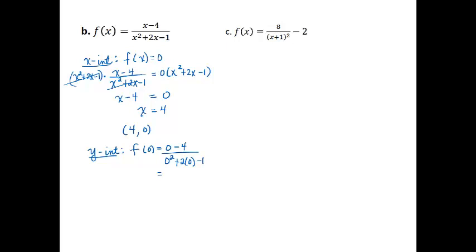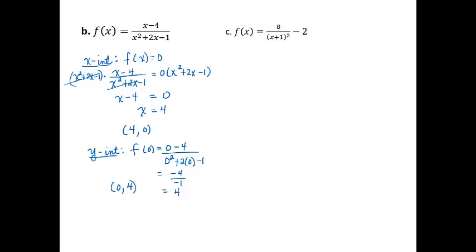That simplifies to negative 4 divided by negative 1, or 4. So the y-intercept is the ordered pair (0, 4). And we can confirm this if we actually graph this on our graphing calculator as well.